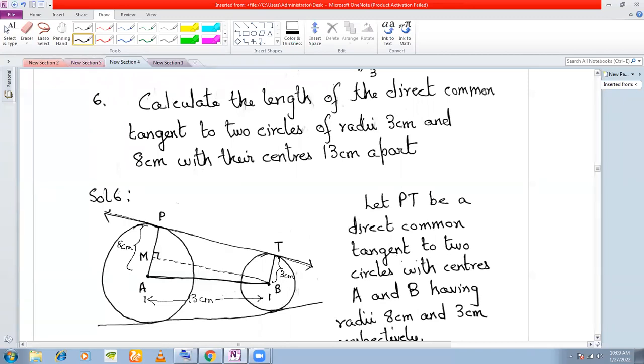Now how to calculate this? See, first of all, what I do is, you see this dotted line. I draw a perpendicular from the point B. I drop a perpendicular on the radius AP. So BM, I draw BM perpendicular to AP. So when I draw BM perpendicular to AP, therefore PMBT becomes a rectangle.